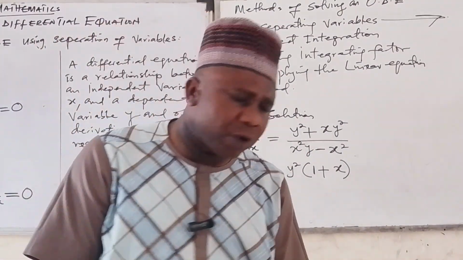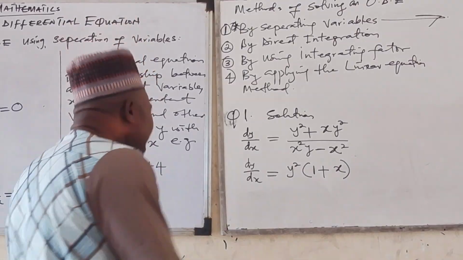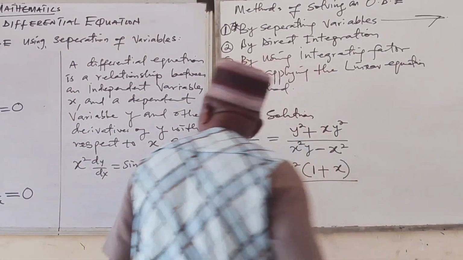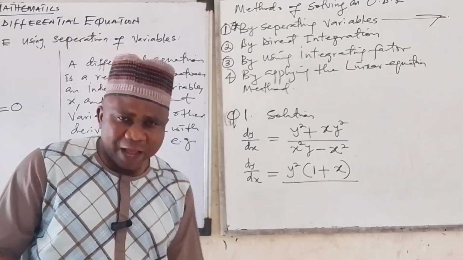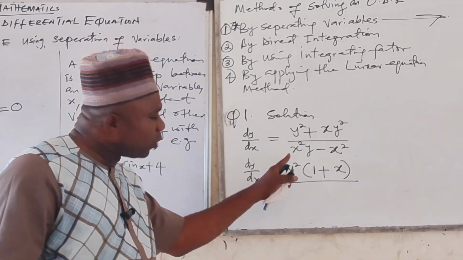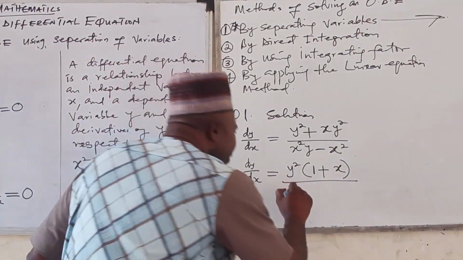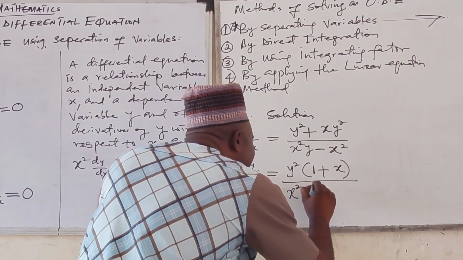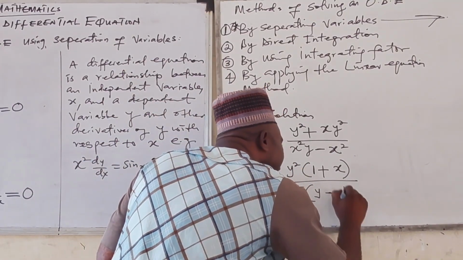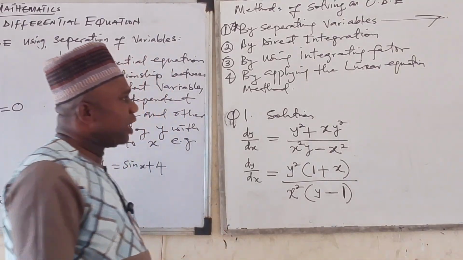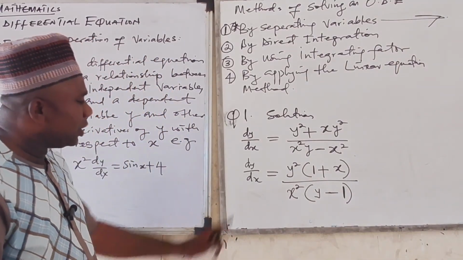Now, looking at the denominator, we discover that x squared is common, so we factor out x squared. In brackets, we'll be left with y minus 1.